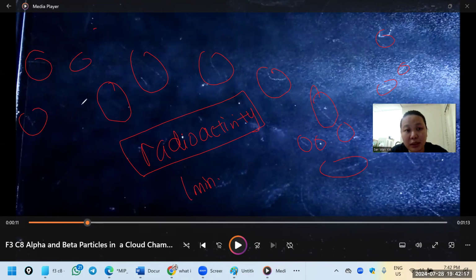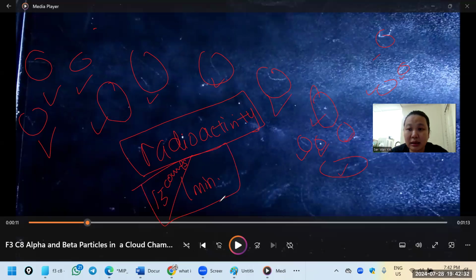So we call them radioactivity. For example, 1, 2, 3, 4, 5, 6, 7, 8, 9, 10, 11, 12, 13, 14, 15. So 15 counts of radioactivity per minute. Now can you get the idea of radioactivity?